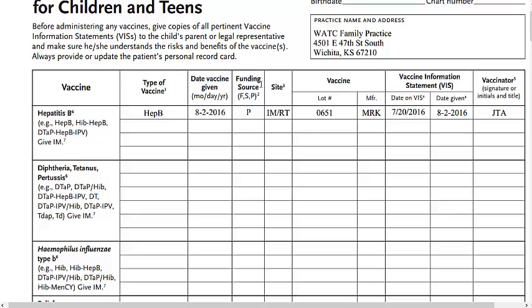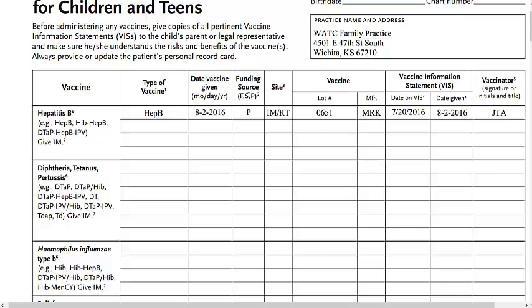The next column is the funding source, and we need to put an F, an S, or a P in there. F stands for federal funding, S stands for state funding, and P stands for private funding. If a patient has an insurance that's federally funded, then we would put an F in the funding source.